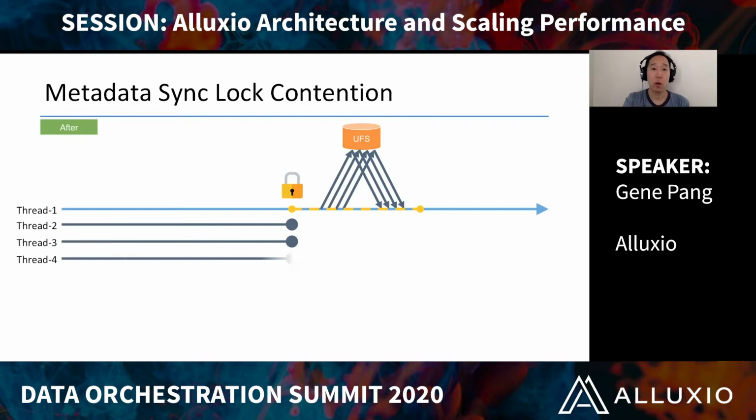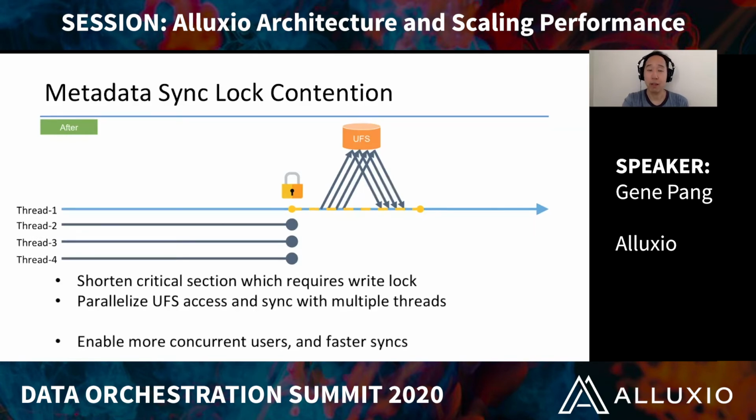So when other threads come in and are blocked on that write lock, it will be released much more quickly than before, allowing other threads to make progress sooner. And by shortening this critical section with the write lock, we can allow far more concurrent users and even enable faster syncs because of the parallelized syncing.